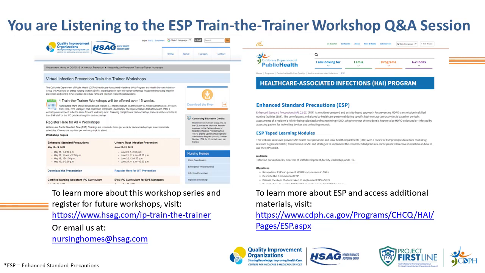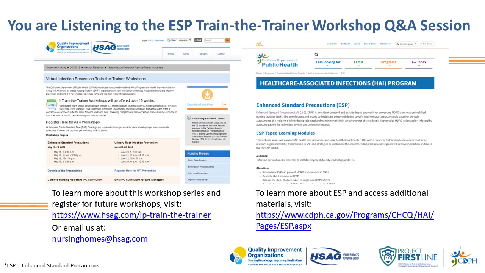That looks like it. So this is more of how we are supporting you or helping you to provide training to your staff, right? How to be a trainer. Many of you may have already read the document, but it's still confusing for many of you. What is a standard precaution? What is enhanced precaution?